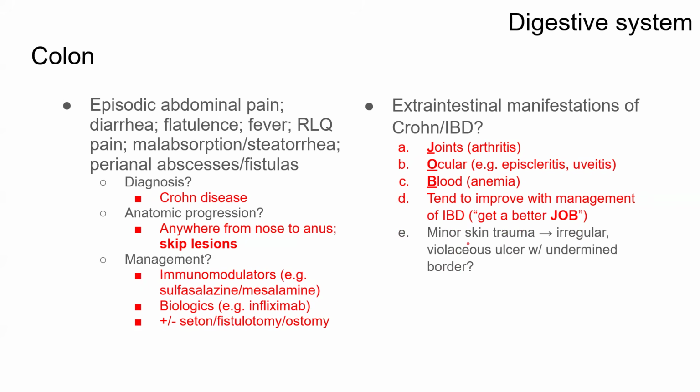It's an ulcer that has irregular borders. It's violaceous and it has an undermined border, where if you took a scalpel or a probe, you could stick it under their skin. That's pyoderma gangrenosum, and the name of the phenomenon is pathergy.